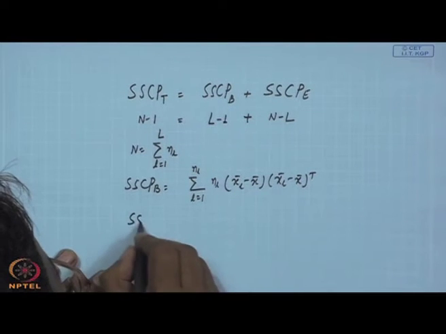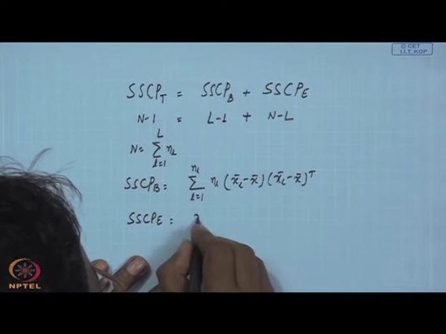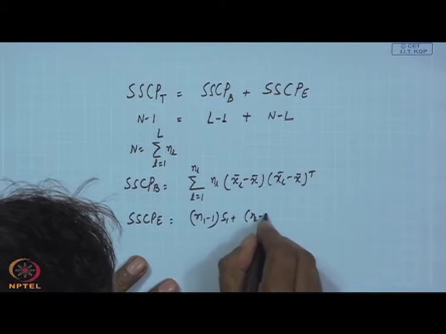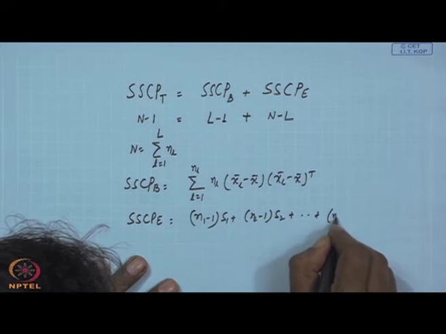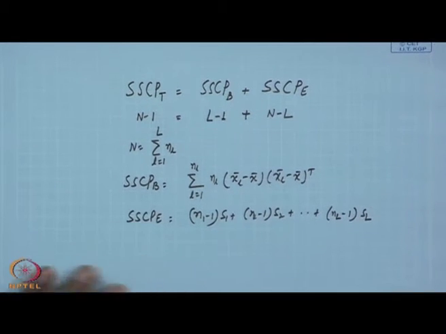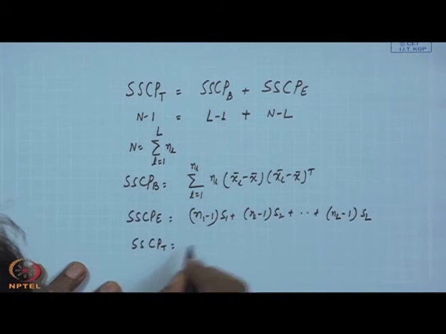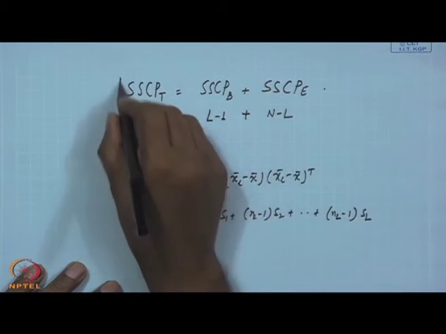SSCP E will be computed using this formula: (n1 minus 1) S1 plus (n2 minus 1) S2, up to (nL minus 1) SL. Then SSCP T will be the sum of these two.